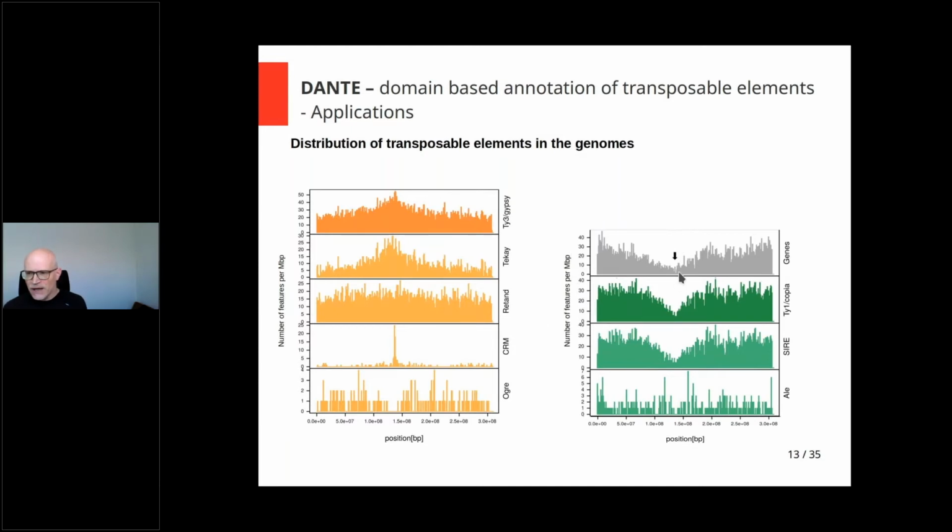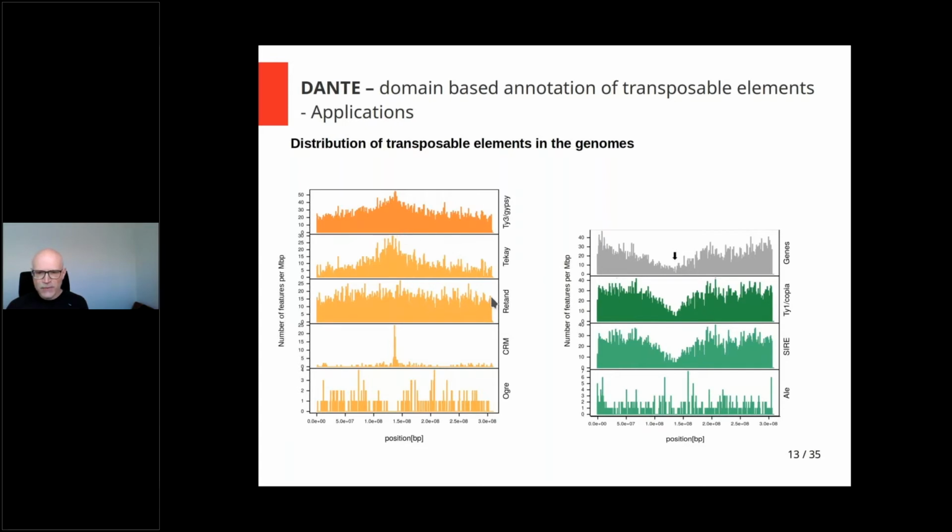You can see that there is a low density of genes around the centromere and a higher density at the chromosome arms. And if you look at the superfamily distribution along the chromosome, copia elements and gypsy elements, you can see that it is correlated or negatively correlated with the centromere position. But this category is actually quite broad, so we can break it into lineages using the Dante pipeline.